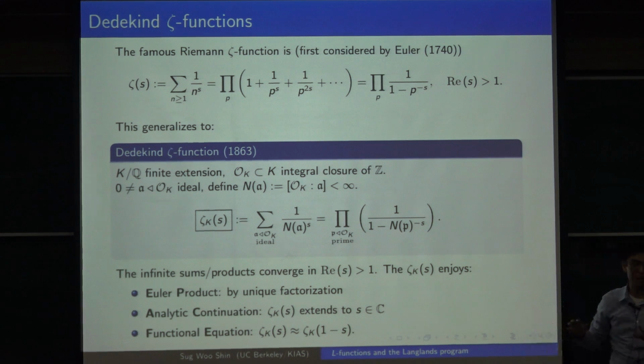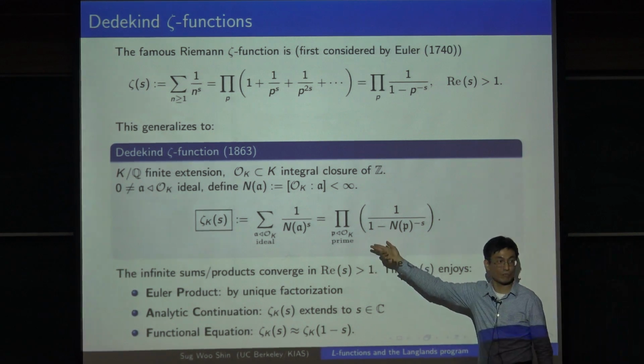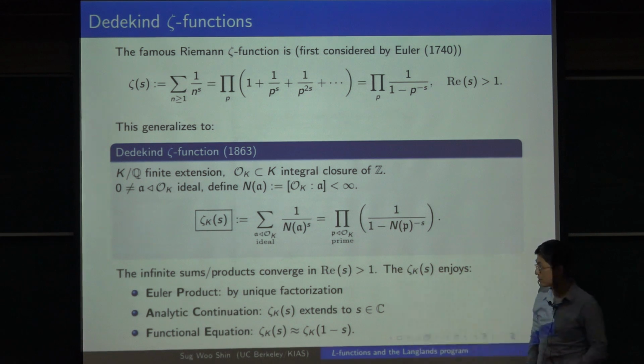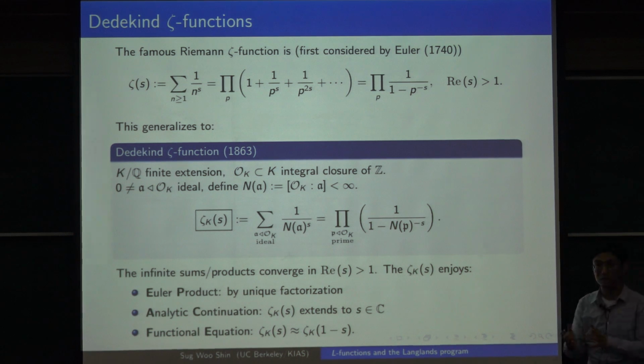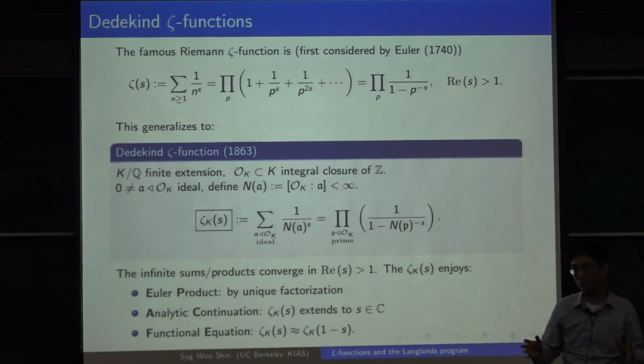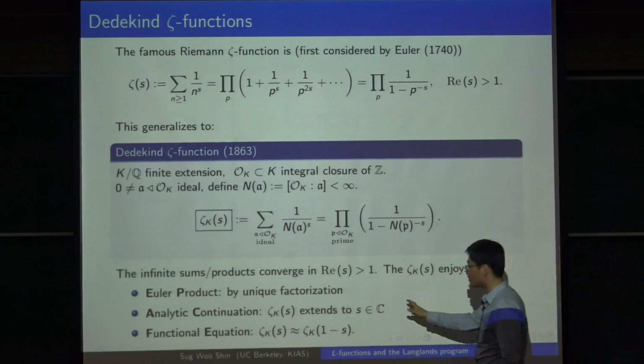It's an infinite product. And the reason why it's true is unique factorization into prime ideals. And analytic continuation: this extends to all complex numbers, possibly with poles, but we know where the poles are. So I'll just say analytic, although there could be some poles.